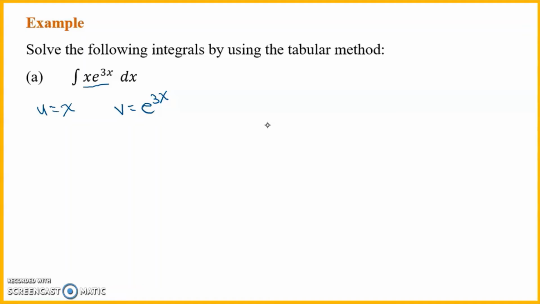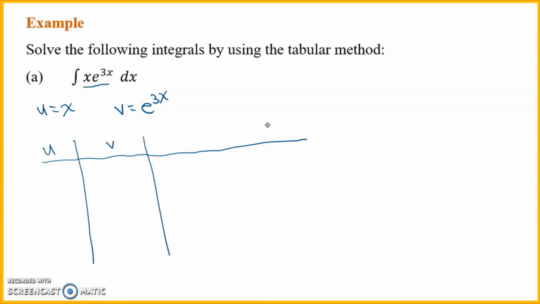Now I can create the table: u, v, the sign, and the term. So u is x, v is e to the 3x. For the first one, the sign, I leave it blank. Differentiate x, I get 1. Differentiate 1, I get 0.